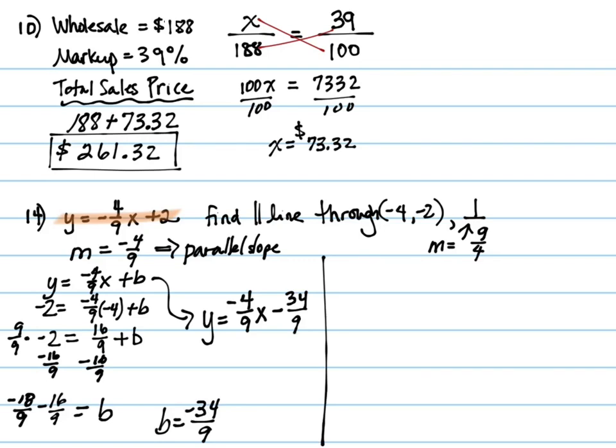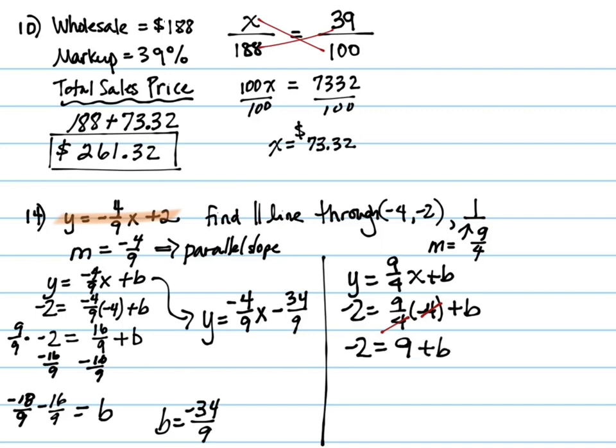For perpendicular, I would have y equals 9/4 x plus b. Same ordered pair, so -4, -2, but this one actually is nicer because the value will cancel with the denominator, right? This 4 and this 4 cancel. So I end up with -2 equals 9 plus b.